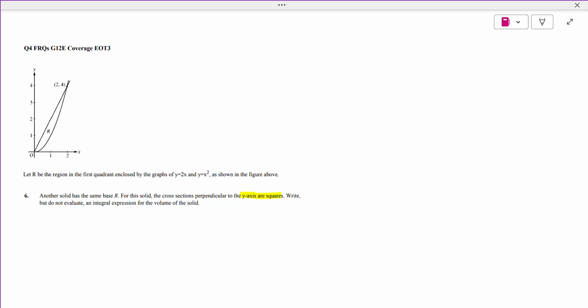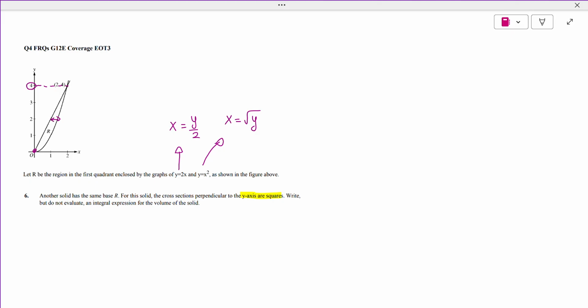So we have to isolate x on both functions. If you divide both sides by 2, you get y over 2. If you take the square root of both sides, you get x equals root of y. So we are integrating from 0 all the way to 4.